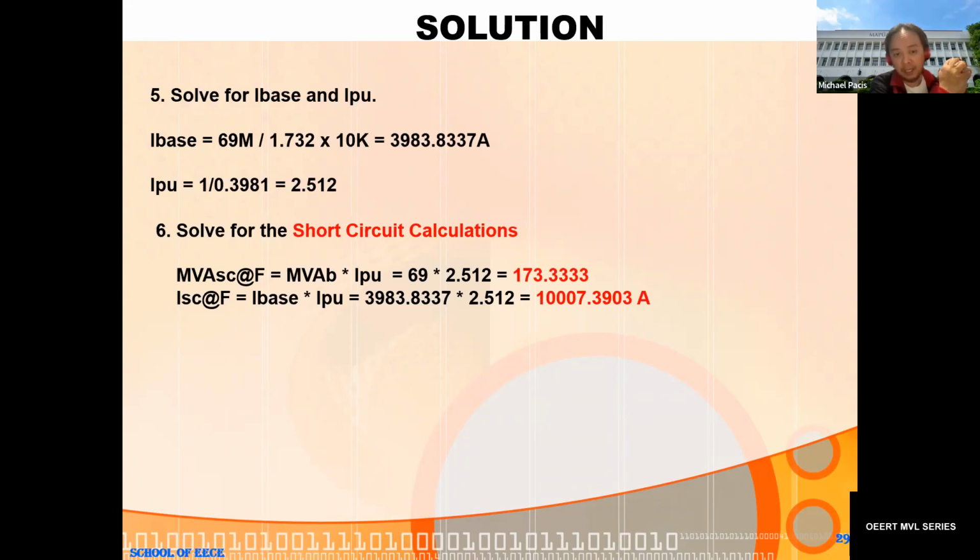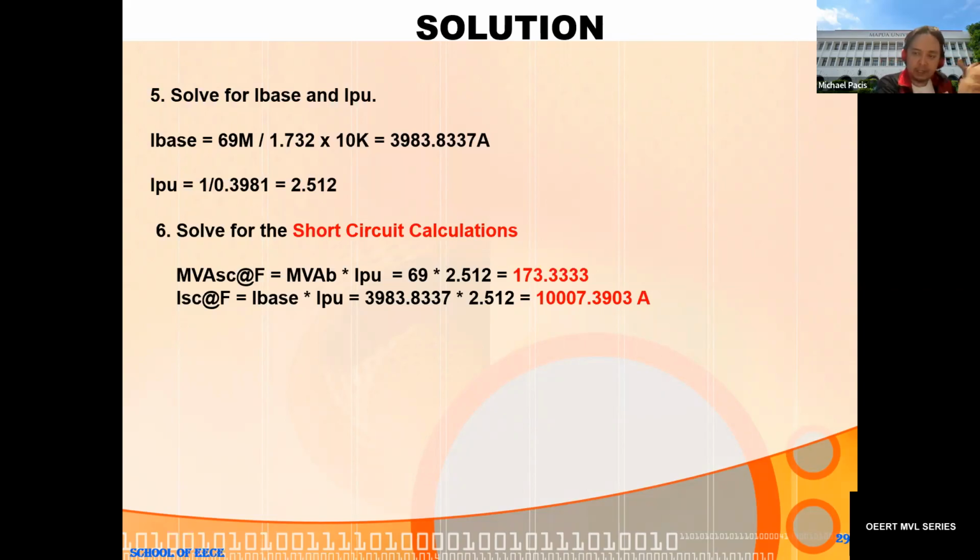And for the Isc at F, I base times I pu, the I base is already defined as 3.983 kA. You multiply by 2.512, which is I pu. The answer is 10 kA.